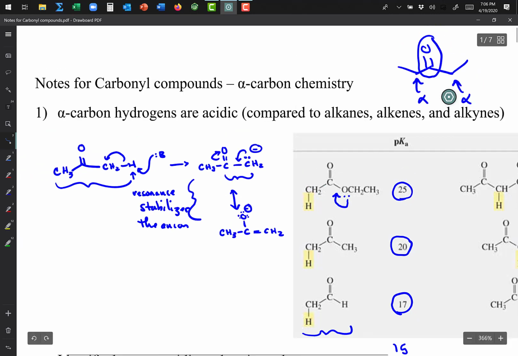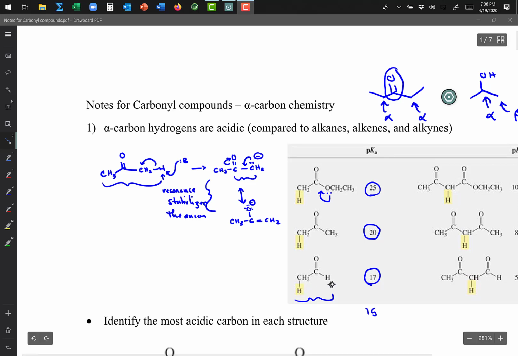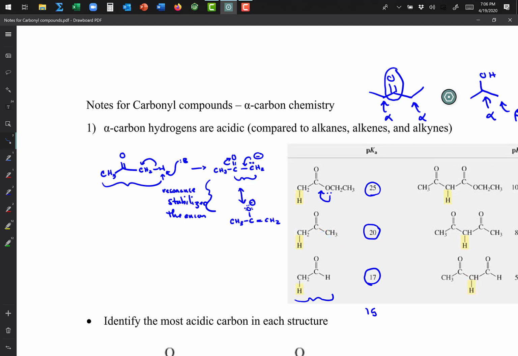Okay, so that being said, acetone is not as acidic as the aldehyde, ethanal, that's down here, and that's because, if you remember, these CH3 groups are electron donating groups, and what that does is it makes this anion less stable.